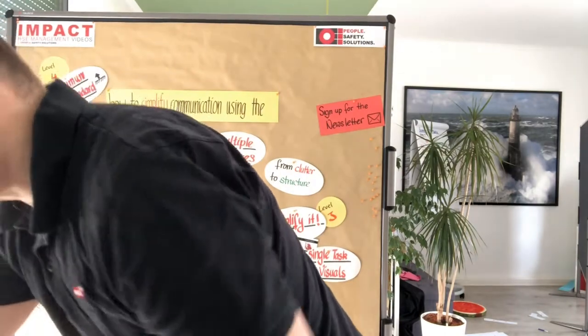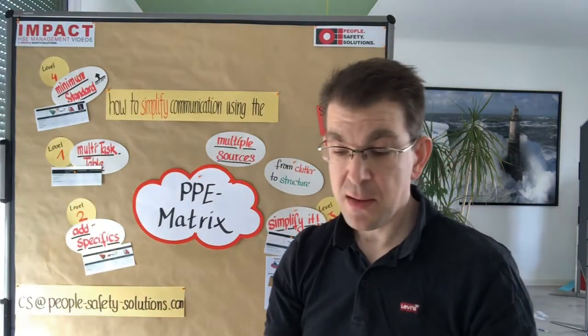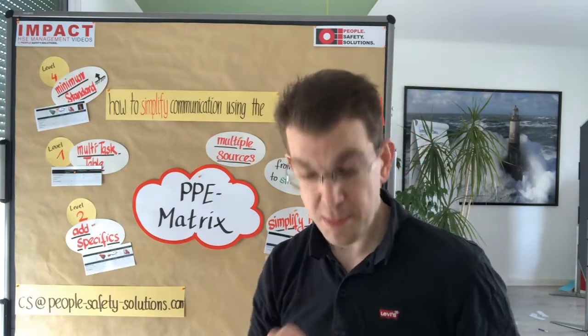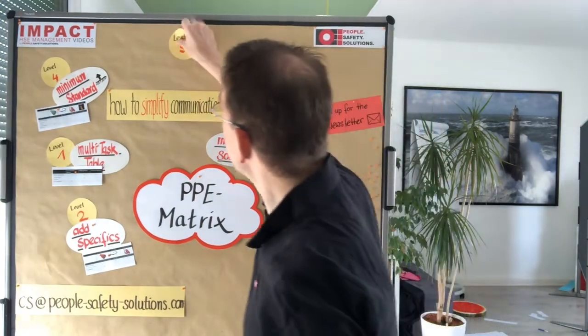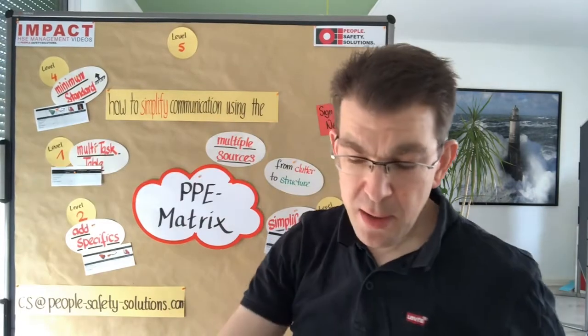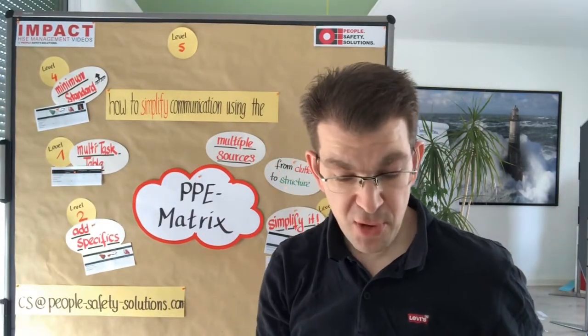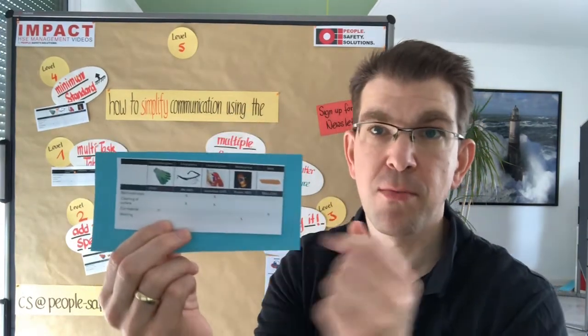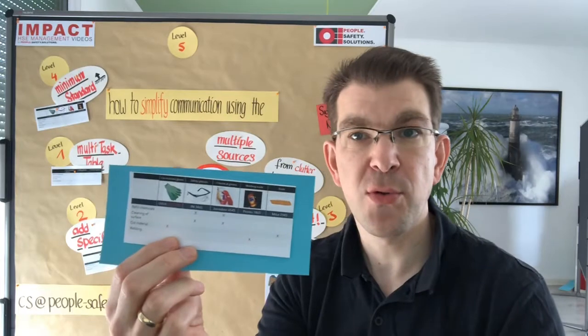When we come now to level number 5, we extend our PPE matrix a little bit further. And level 5 means now nobody is forcing us to limit the information to personal protective equipment. You might want to add tools or documents which are required for certain tasks.